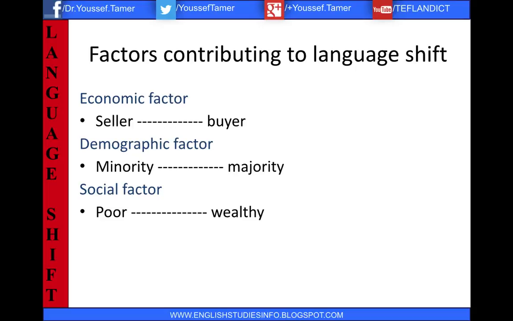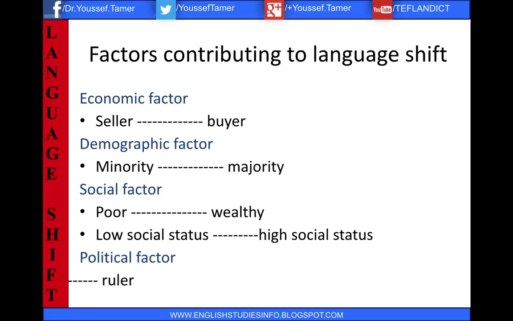While we are not. That's one of the reasons why we speak so many languages in Morocco. Now we are not that wealthy, we are poor, and we are trying to speak the languages of the wealthy in a strive to become stronger. Okay, those are social factors. Also, low social status, high social status.